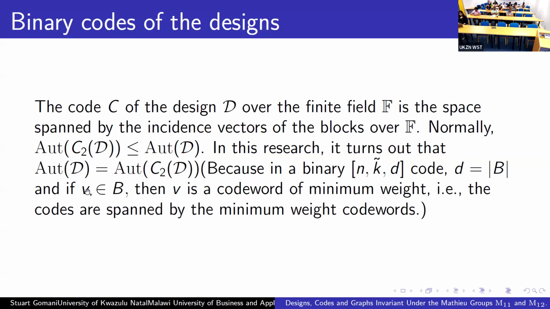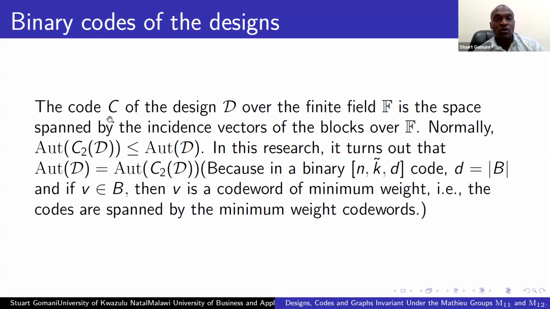And if the vector is in the block, then that vector is just a codeword of minimum weight. In other words, the codes that we have constructed are spanned by the minimum weight codewords. And because of that, we see that the automorphism group of the design relates with the automorphism group of the code with equality.